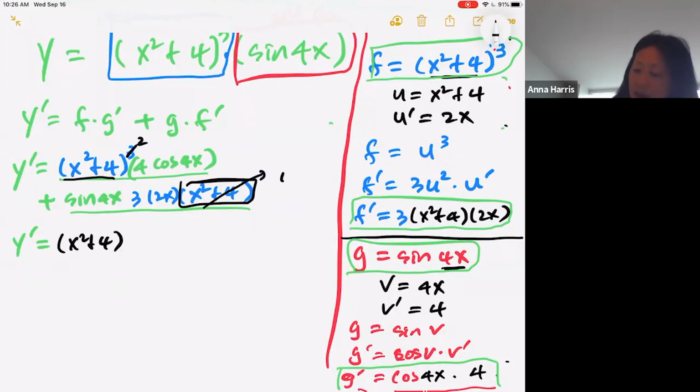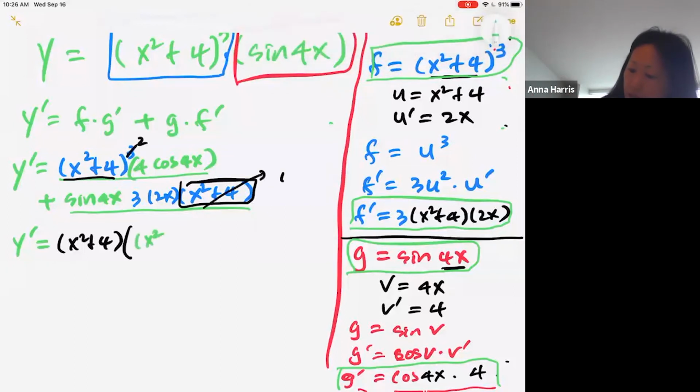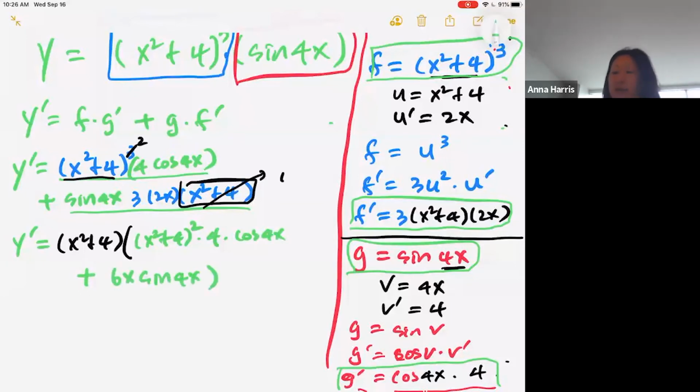So I have (x squared plus 4) squared times 4 cosine 4x, plus over here 6x sine 4x. Then I'm done.